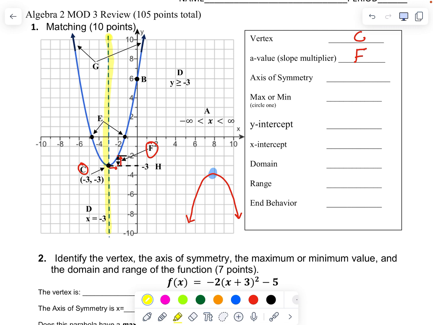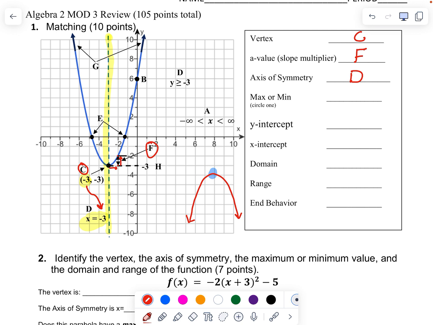All right, so the axis of symmetry, the equation is x equals -3. It is always going to be the same as your x-coordinate for your vertex because it's right on the x equals -3 line. The letter for this one is D.